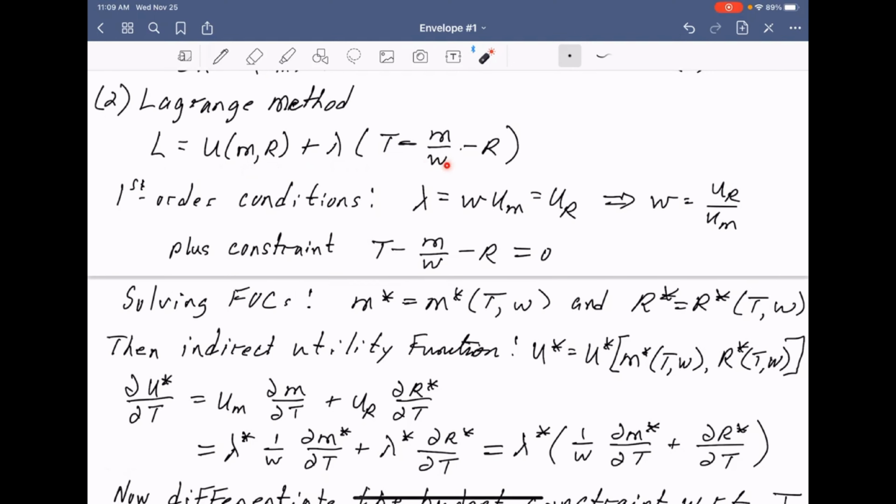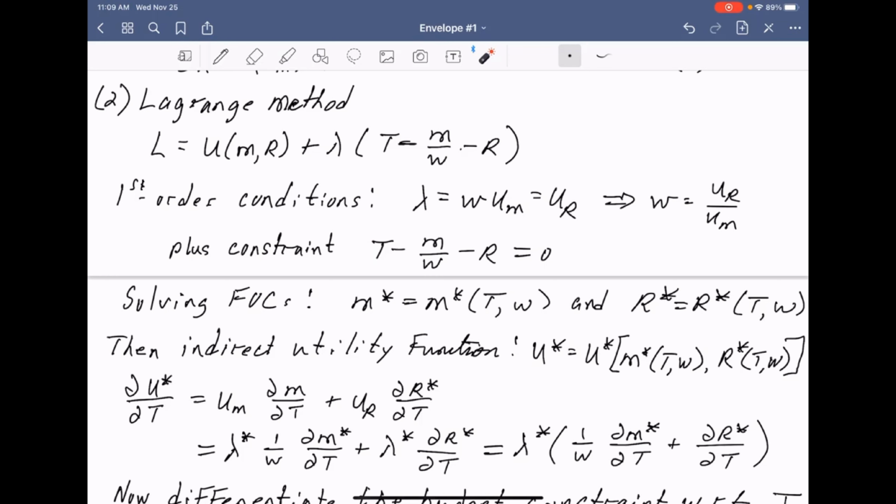This is our Lagrangian. This is our budget constraint written a little bit differently, so that labor is equal to m divided by w, the wage rate. First order conditions lead to this expression where the wage rate is equal to the marginal utility of leisure divided by the marginal utility of income, which we saw above, plus this constraint has to hold.